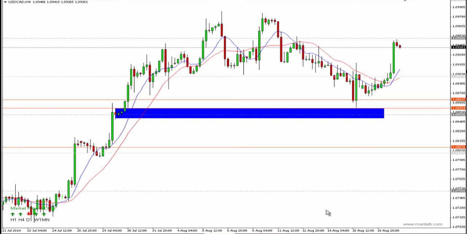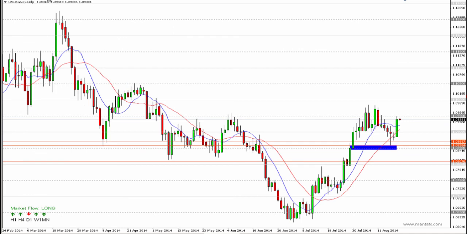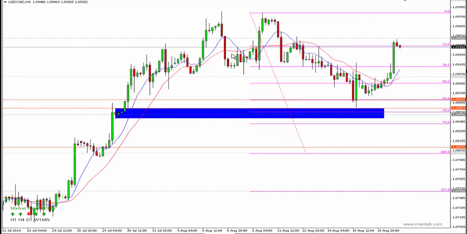But if you pull a fib from the round number right here towards the top, let me close in the H4. We had a retracement towards the 62 level.